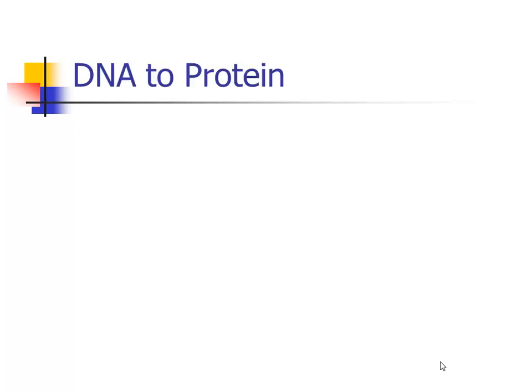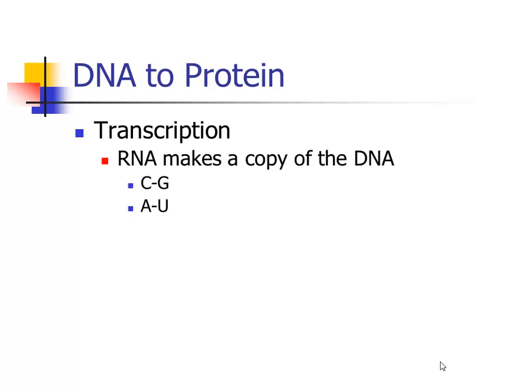The first step in this process is what we call transcription. And in the process of transcription, RNA makes a copy of the DNA. C still pairs with G, but now A is going to be pairing with U. So this is the first thing that happens.